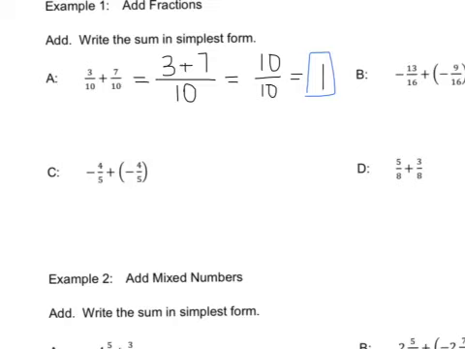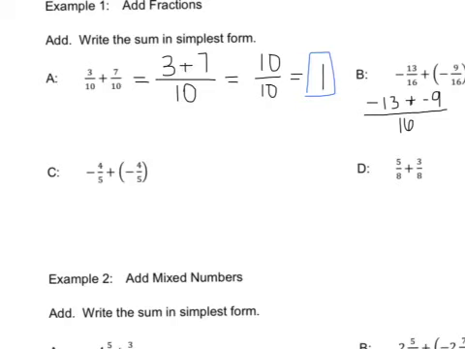Okay, B is the same idea. They have the same denominator, so that's good. On top, we will take negative 13 plus negative 9, and the bottom is just 16 because that's what we started with.